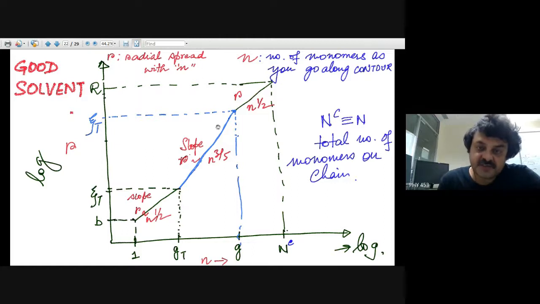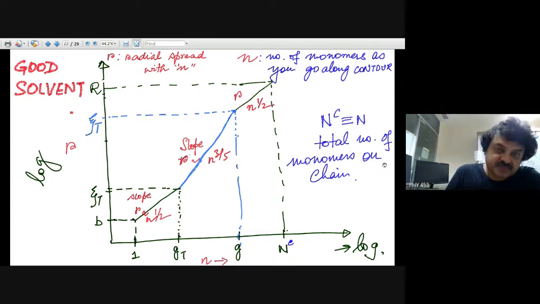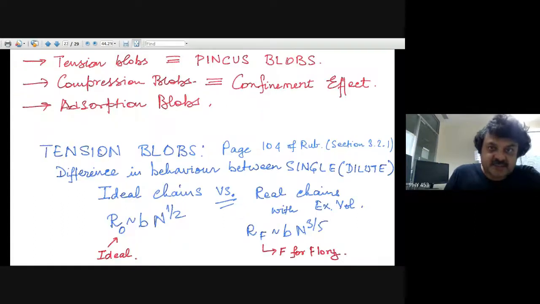Beyond that, you have a self-avoiding walk of thermal blobs, and once you go above the correlation blob length scale, excluded volume is screened, and you get back your ideal chain statistics, N to the power half, where N_c is the total number of monomers in a chain. So that's the point, and then we will come to tension blobs and Pincus blobs.